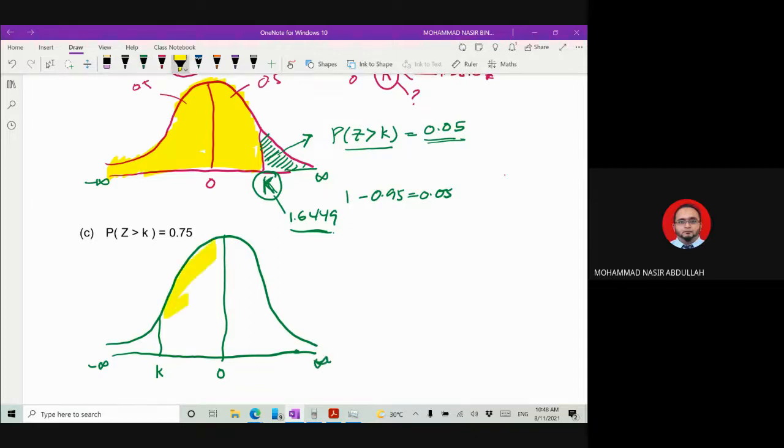So this area will cover 75%. It looks the same as above, but you have to adjust the area a little. So this covers 0.75 and this area will cover 0.25 or 25%. So this diagram is also equal to this part.